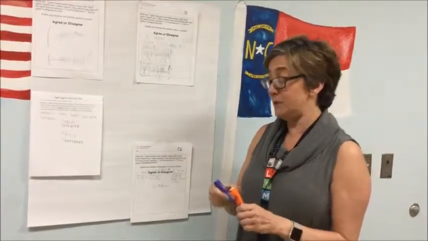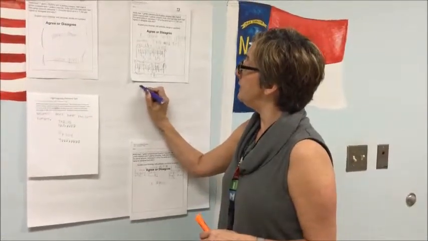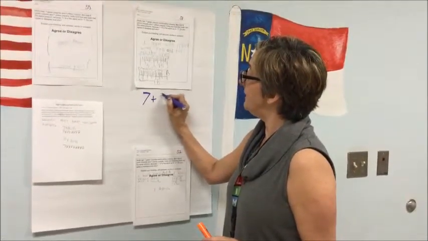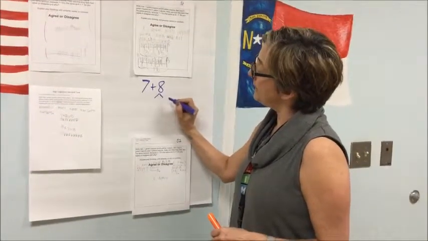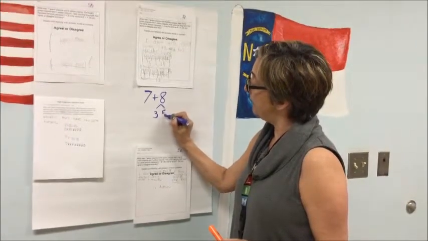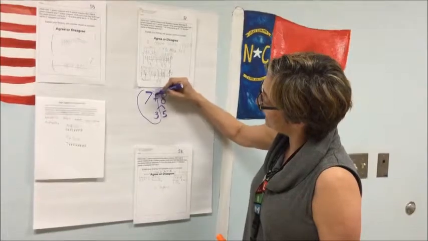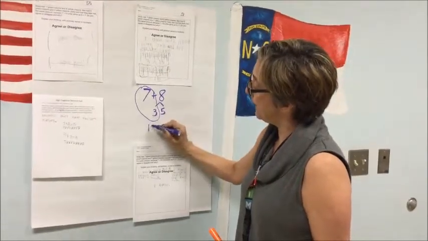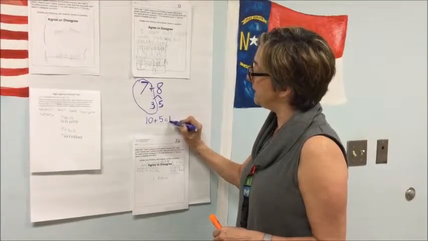The next step for this student would actually be decomposing the number. So if he had 7 and 8, we would ideally like him to break this down into 3 and 5. The reason is that the student should be able to see that that makes friendly number 10 and 5 more equals 15.